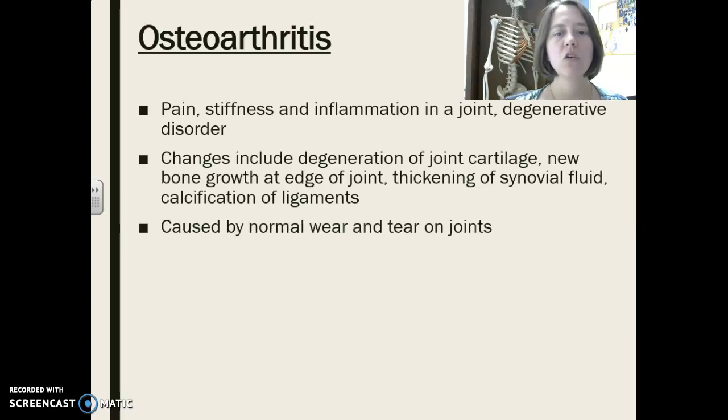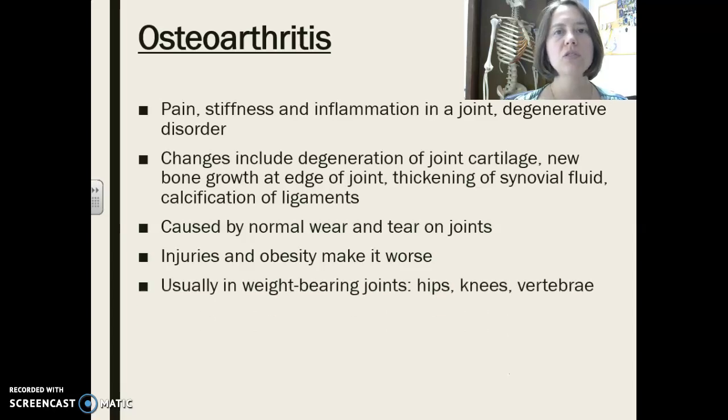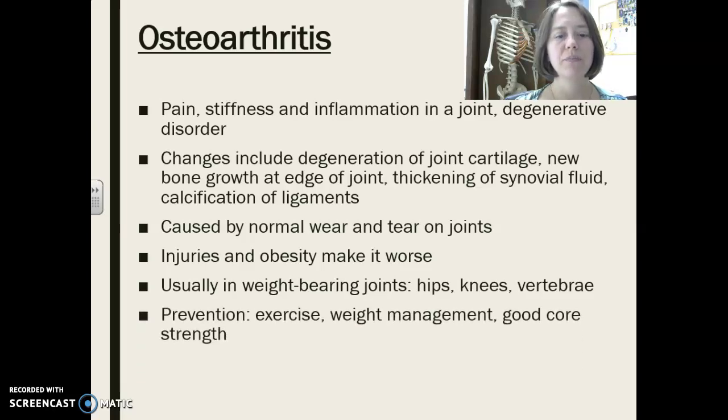This is caused by the normal wear and tear on joints. Injuries and obesity can make this worse. It usually happens in weight-bearing joints, in the hips, the knees, and in between the vertebrae.